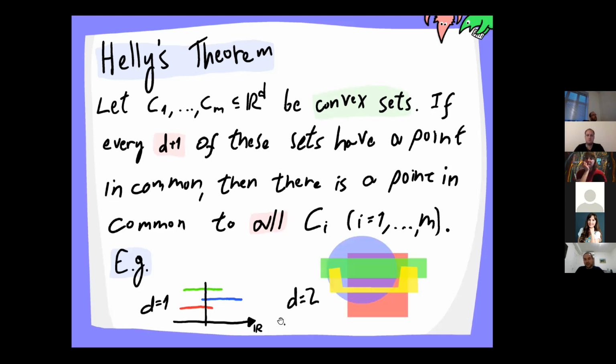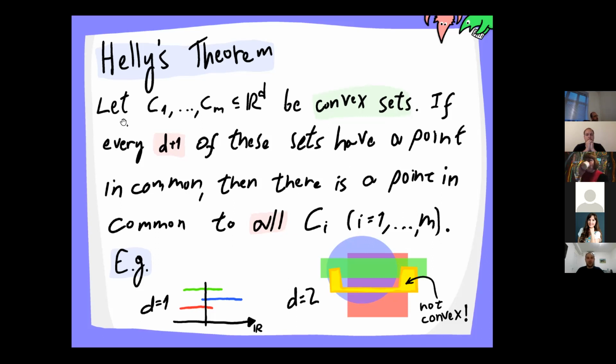And here we have an example in dimension 2 where we have 4 sets, any 3 of them intersect. But you can check that there is no point in common to all of the sets. So Helly's theorem doesn't hold here. And of course, the reason it doesn't hold is that not all of these sets are convex.